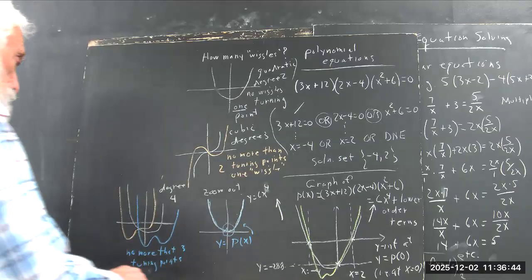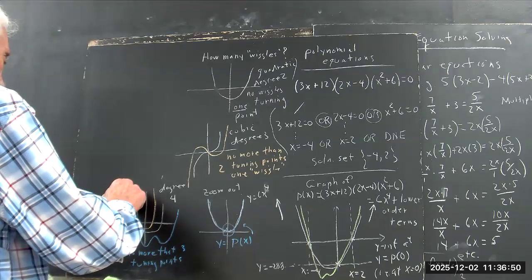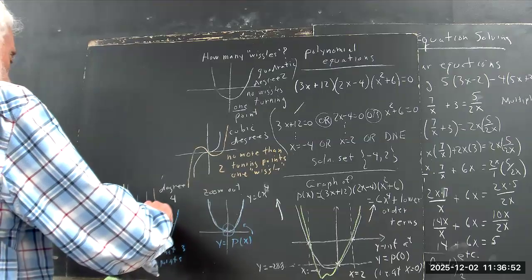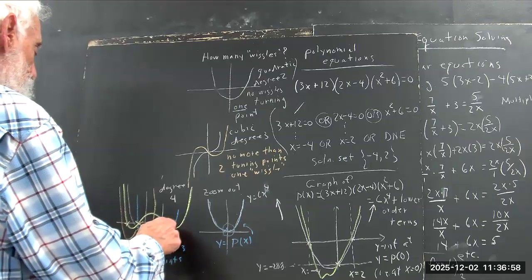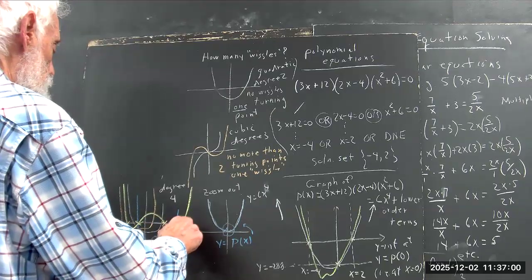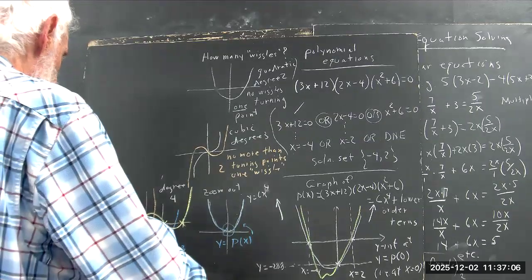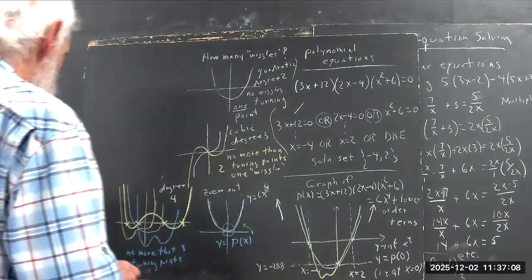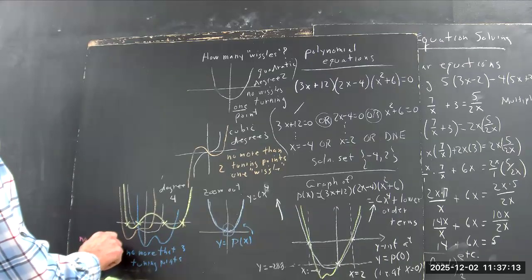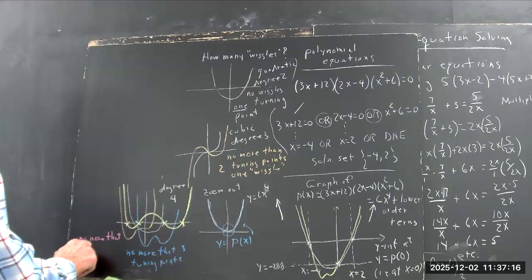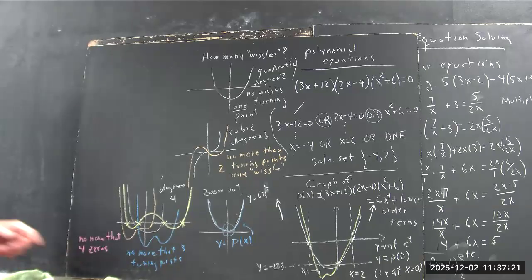And if k is just right, it could be like this. So we can say that it has no more than 4 zeros.